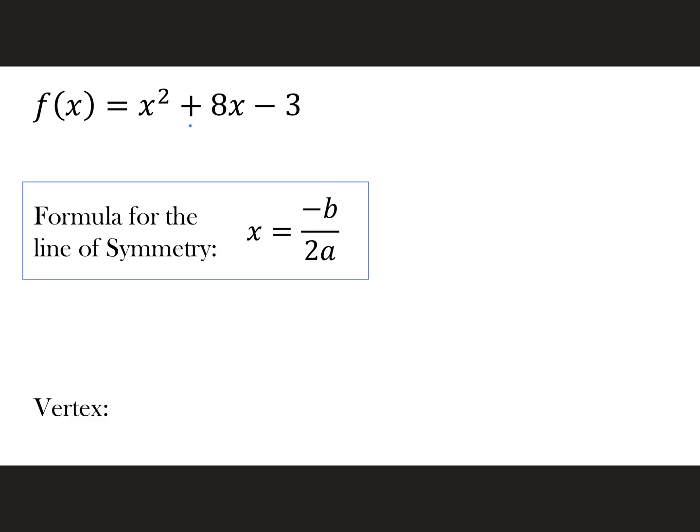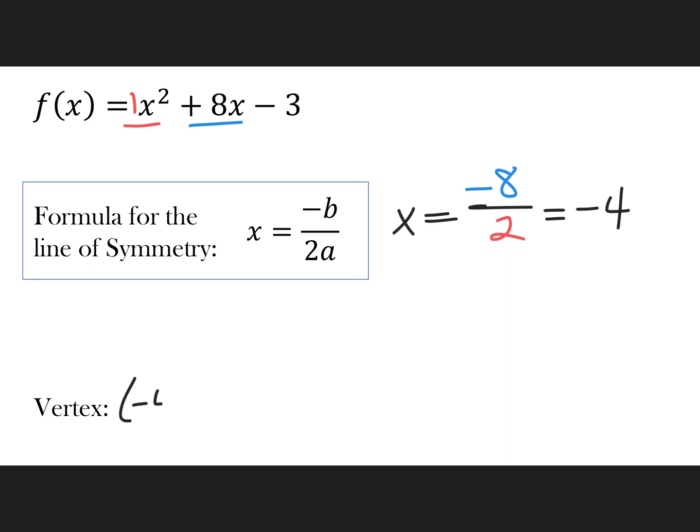My b is a positive 8. What is my a? Well, it's a 1. You can't see the 1, but there you go, it's a 1. And so I have x equals negative b, so negative 8, all over 2 times 1. So 2 times 1 is just a 2, which means my x value is a negative 4.